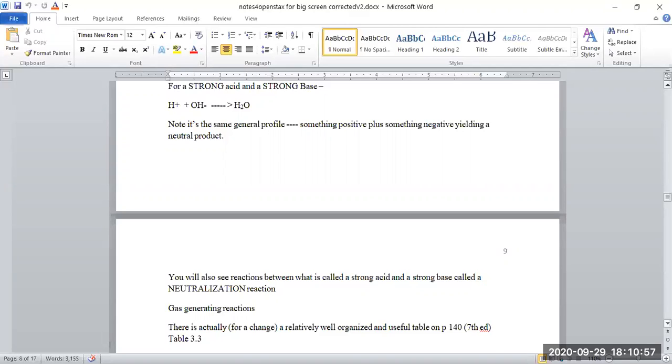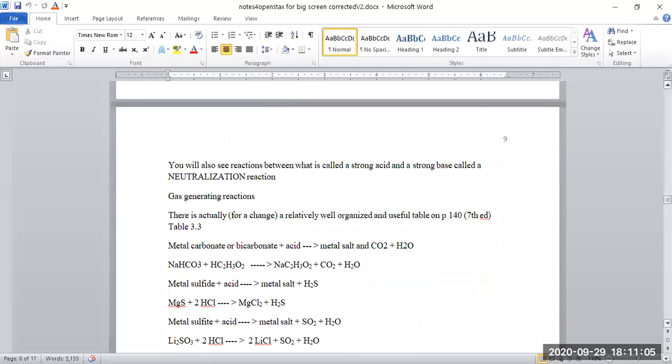Gas generating reactions. And actually, I realized that I didn't take out my reference. I know it says page 140 and 7th edition, and I forgot that that's a reference to a different textbook. Ignore that one.